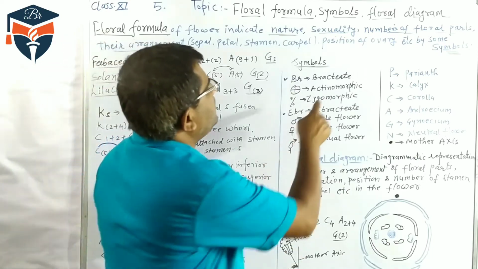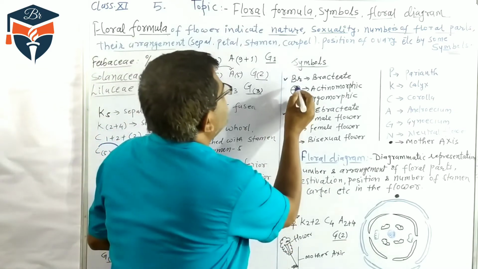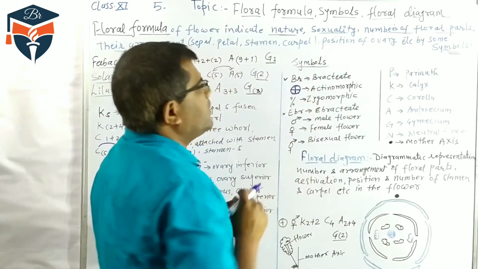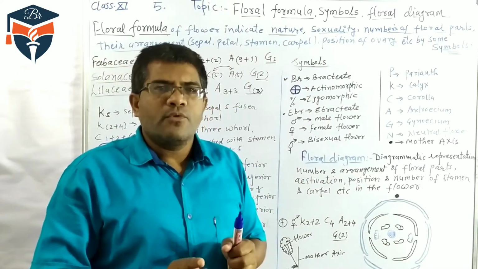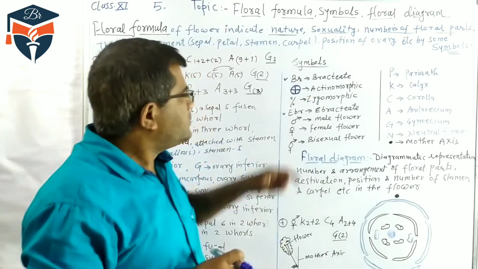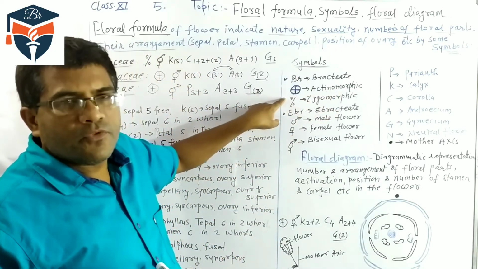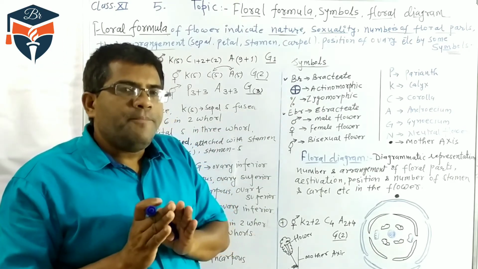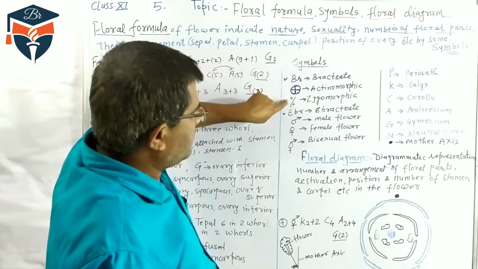Second, actinomorphic is indicated by this plus symbol in a circle. This symbol shows that the flower can be cut into equal halves by any axis. It is actinomorphic. A zygomorphic flower can be cut into equal halves only by one vertical plane. It is the symbol of zygomorphic.